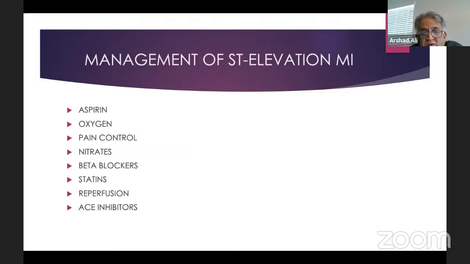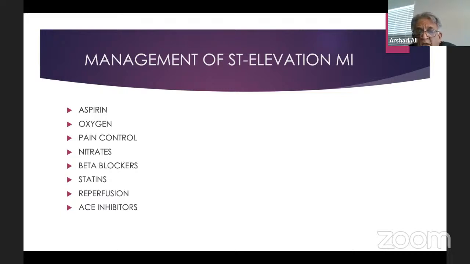Another thing to do is pain control. Morphine is typically used. Morphine is also a vasodilator and can help people in pulmonary edema. But there are certain concerns about routine use of that, so use it very cautiously. Nitrates: sublingual nitroglycerin is the one you want to give the patient, because it will get into the system immediately and be effective immediately.